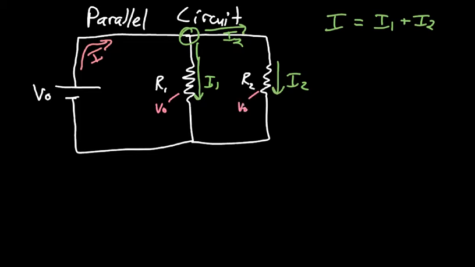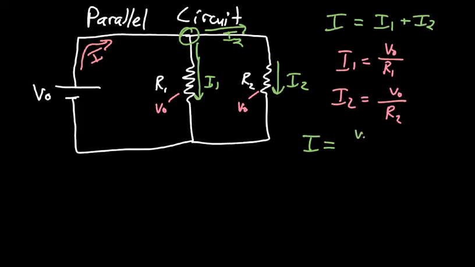So let's label those as well. We have a V0 drop here, and a V0 drop there. So now I can write Ohm's law for resistor 1. We'll have delta V1, which is just V0, over R1, and delta V2, and then I2, which will be V0 over R2.